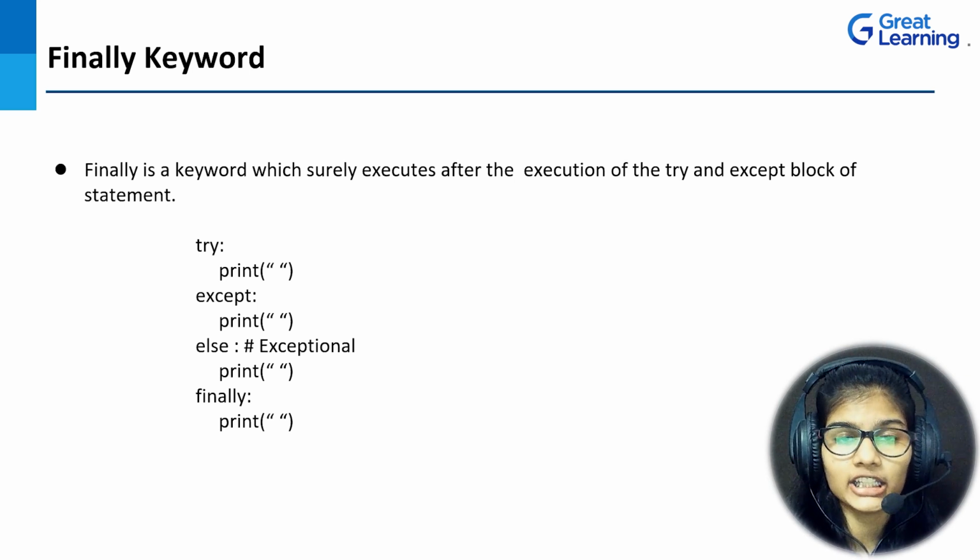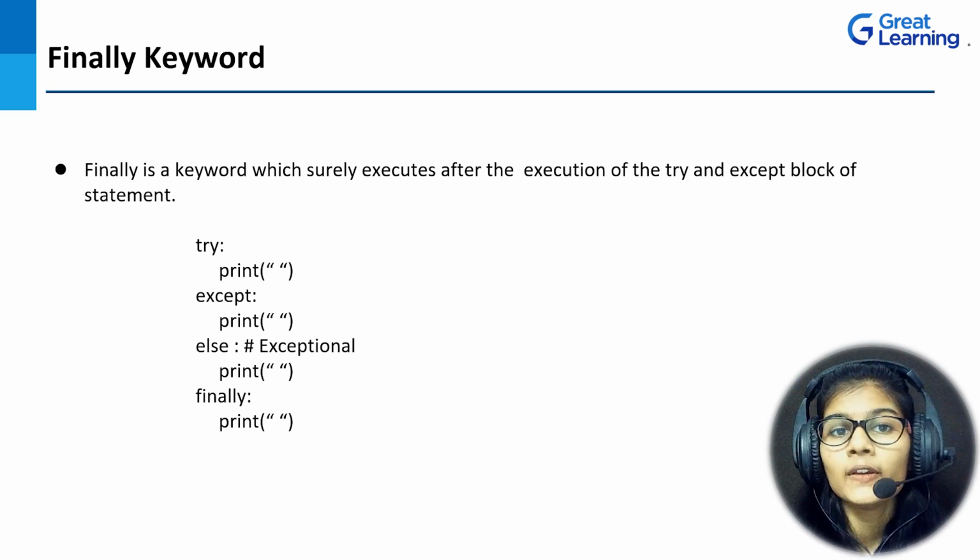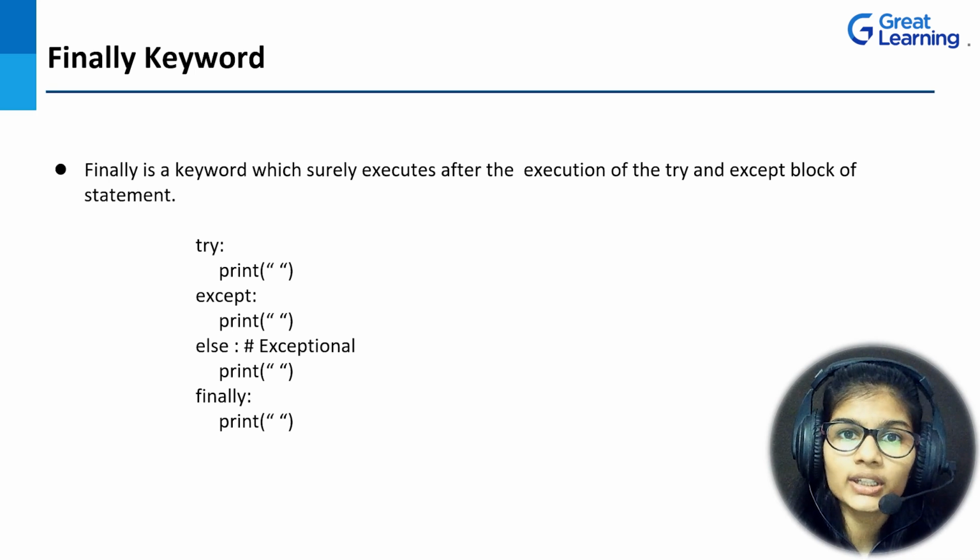It means that the finally keyword has to execute, no matter whether you are having an exception or not, right? You could use the finally keyword directly with try and except, or if you want to add the else clause, you could add your else clause and your finally keyword after that.